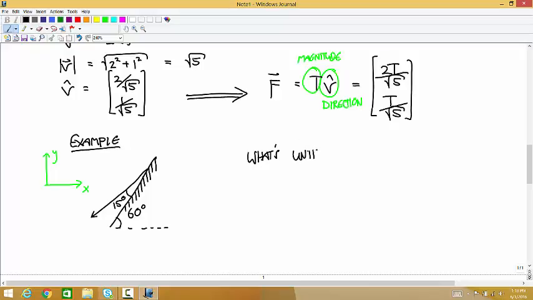Let's make this part A. First, what's a unit vector in the direction of the force?